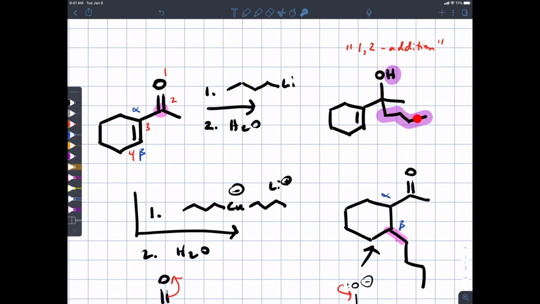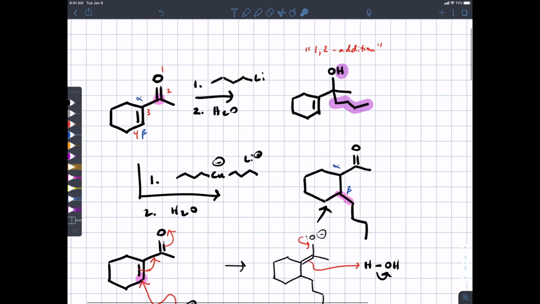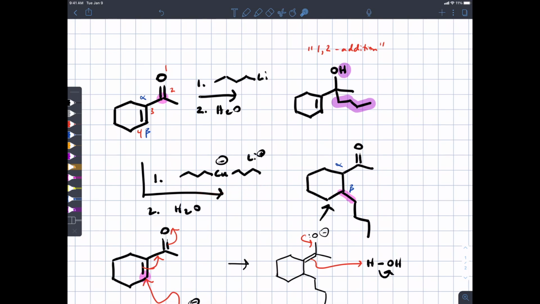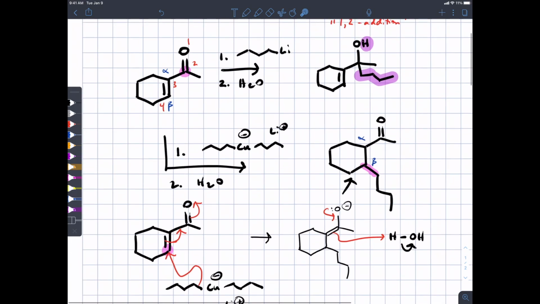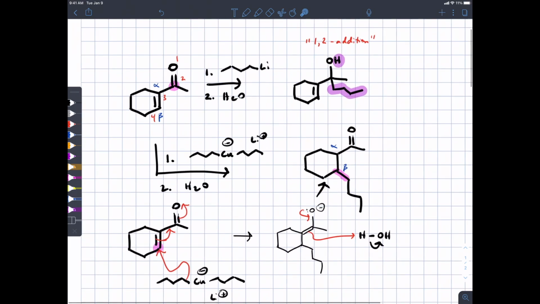You protonate and you get the alcohol, where the organolithium reagent is attached to the carbonyl carbon. On the other hand, if you use a cuprate, the cuprate will attack the beta carbon. As to why that attack can occur, there's two ways of thinking about it. One is that in a conjugated system, the LUMO will extend over the whole conjugated system, and part of it will be on the beta carbon.